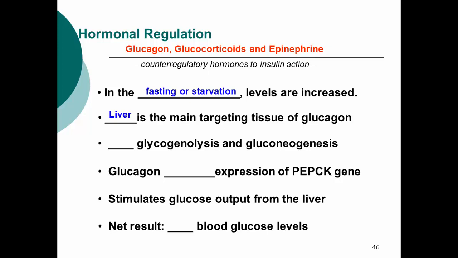We need to break down glycogen to release glucose as well. So there are two important pathways that contribute to blood glucose during fasting: glycogen breakdown and gluconeogenesis, right? The liver is the main target of these counter-regulatory hormones, and these two pathways can be increased by them, right? Again, gluconeogenesis and glycogen breakdown. So what do you think?